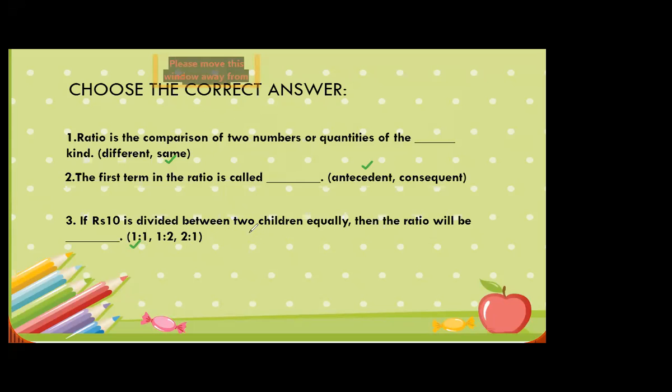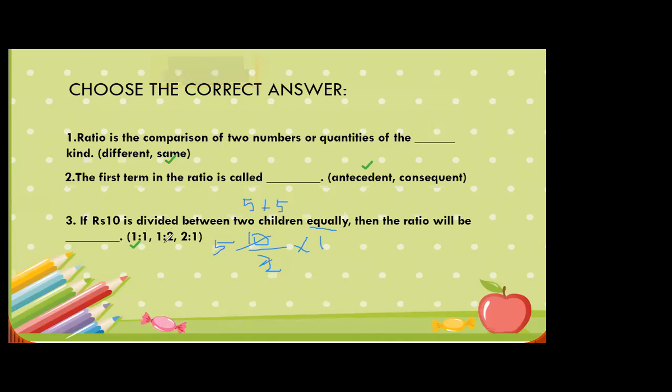Here the total amount is 10. 1 plus 1 is 2, and the individual ratio is 1. So 2 ones are 2 and 2 fives are 10. That means one child gets 5 rupees and the other child gets 5 rupees. We have to divide the amount equally, so it will be 5 plus 5.